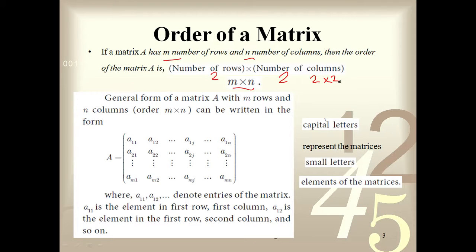There will be 2 rows and 2 columns. For example, 1, 1, 2, 2. So this is your first row, second row, first column, second column. So this is how we have to decide the order of the matrix.